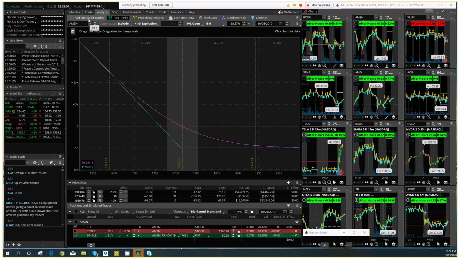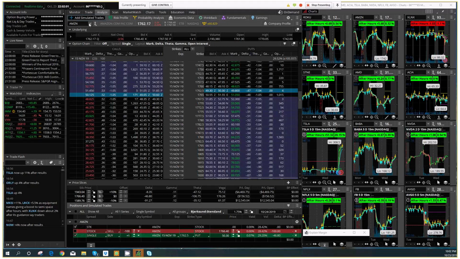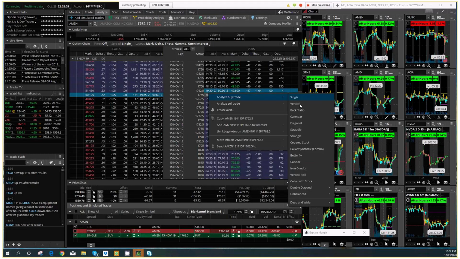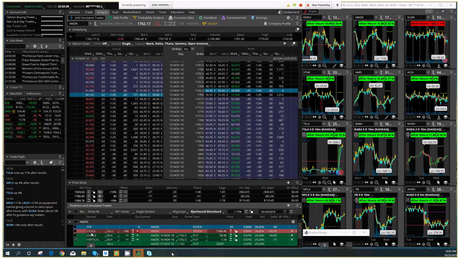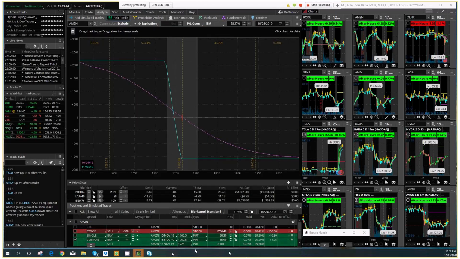We're going to analyze buying a vertical. Let's say 1762 and let's say 1725. Okay, here we're taking a bearish bet. We're going to pay roughly $1,600 for it. Let me make sure this is right.